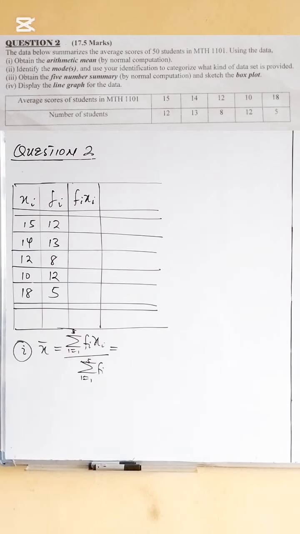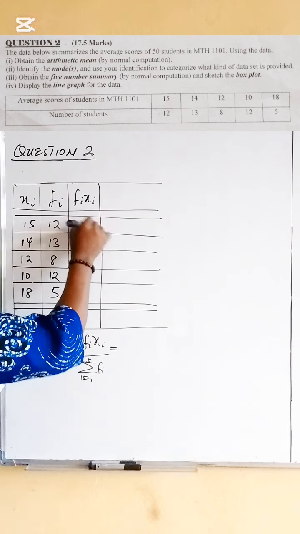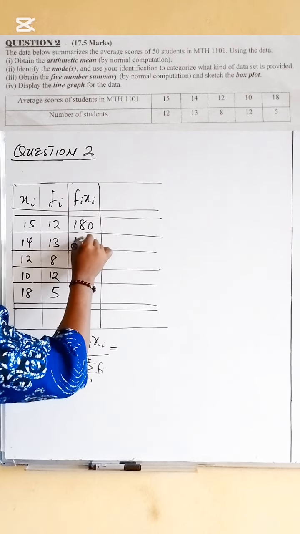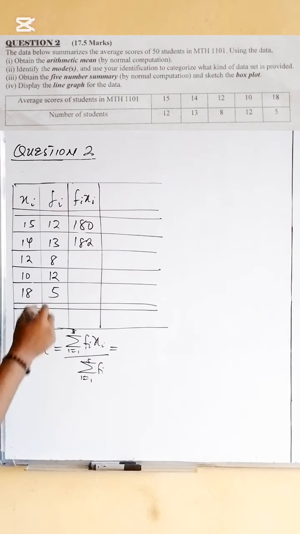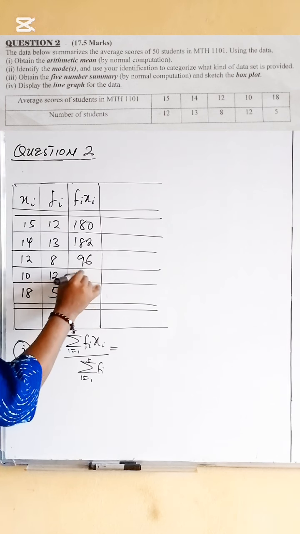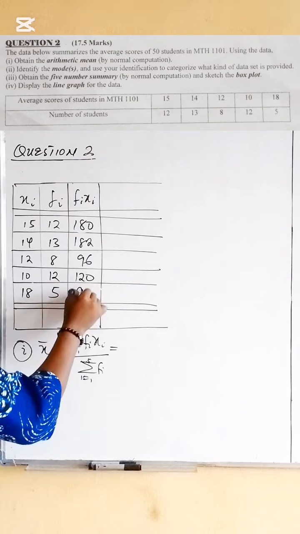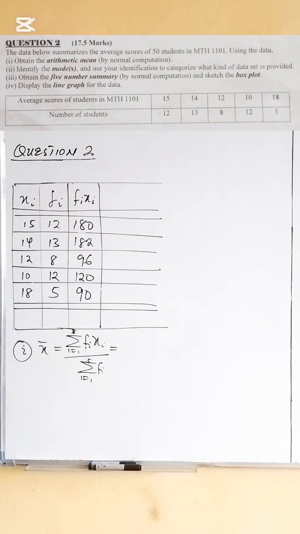Quickly, let's multiply. 15 times 12 is the first thing I'm going to multiply: 180. Then 14 times 13 gives 182. 12 times 8 will give us 96. 10 times 12 will give 120. And 18 times 5 will give us 90. Now, what would summation fi from i equals 1 to 5 give us? 50.